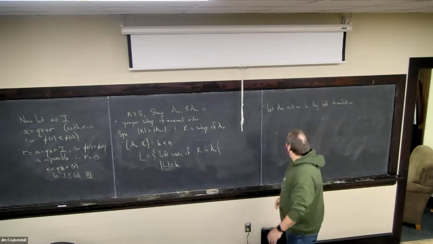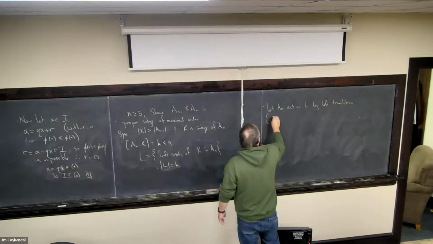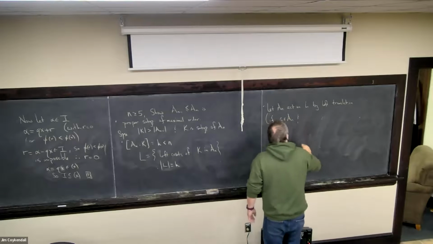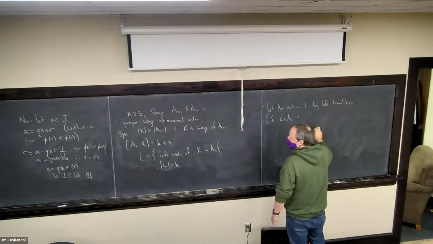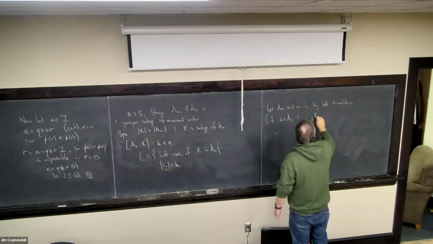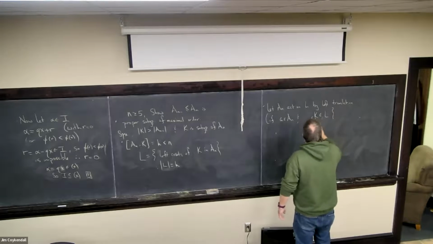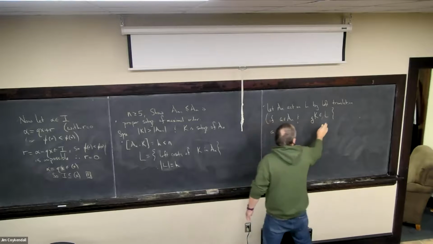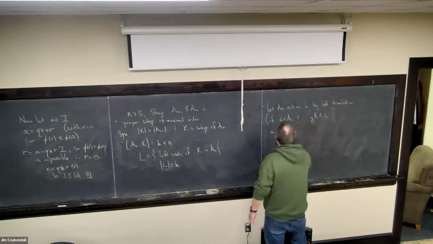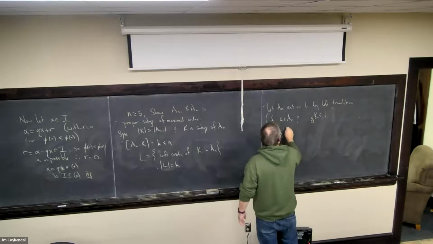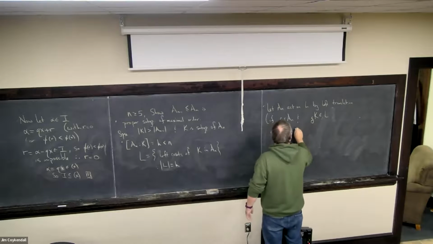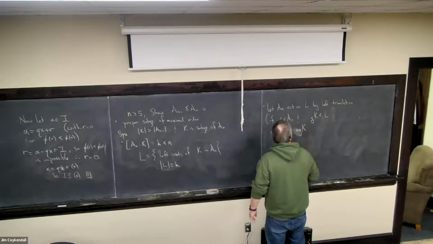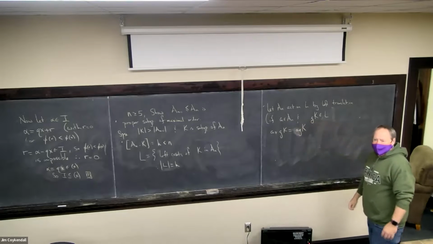Let me remind you what I mean. If a is in A_n and gK is in L, so there's a left coset, then a acting on gK is agK. Everybody cool with that?